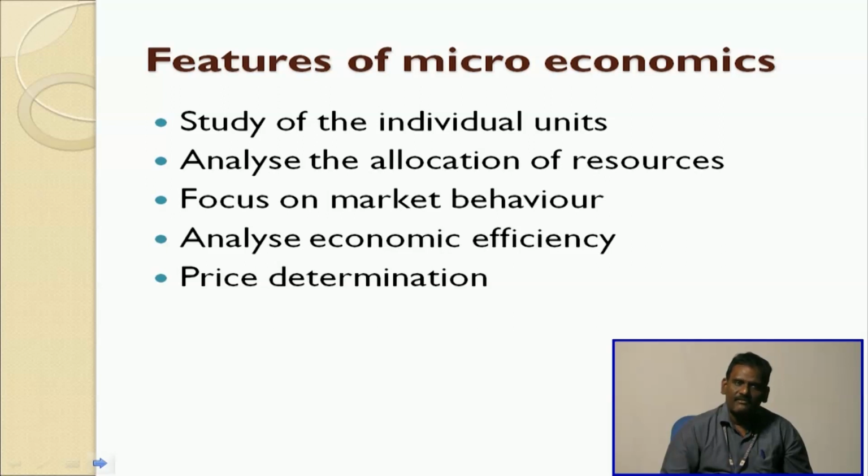Price determination for the various products or services used in an organization. We are going to determine the price on the basis of cost, or on the basis of the prevailing market price.